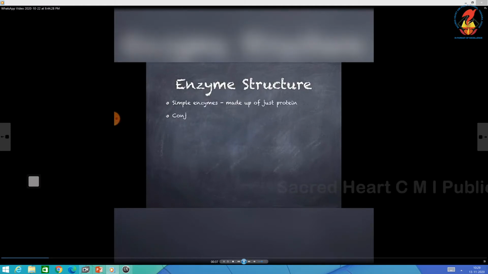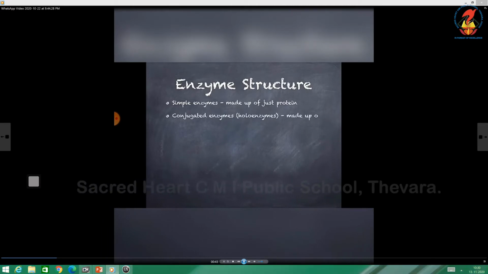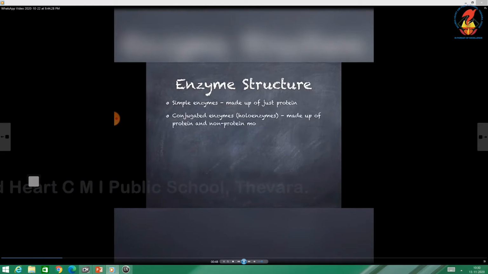Enzyme structure. There are basically two types of enzymes. Simple enzymes made up of proteins, and the second type is the conjugated enzymes or holoenzymes. They have two parts, the protein part as well as the non-protein part.